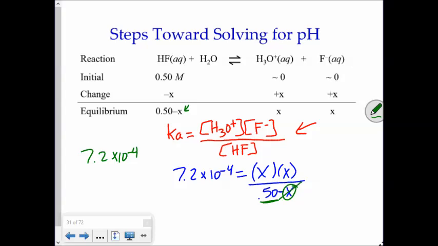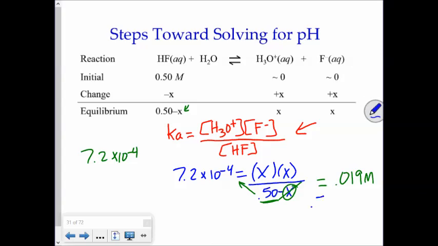So really then, all you have to do is multiply that up and square root it to get your overall X value. So what would the X value be, once you calculate it? I'm getting 0.019 molar.